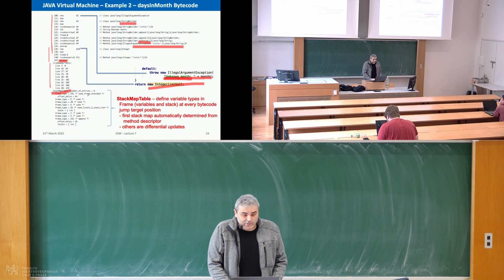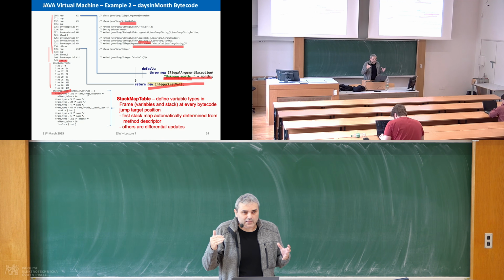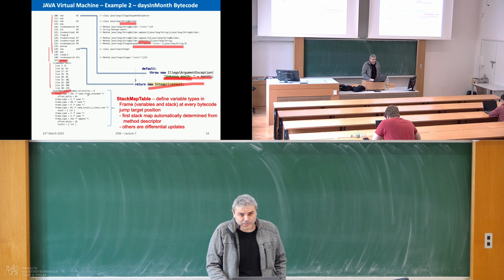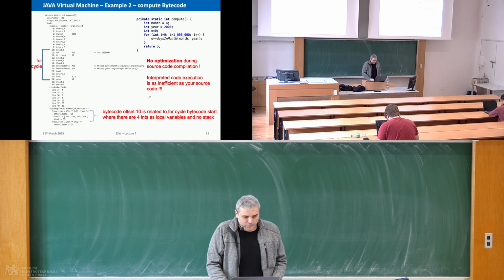Why is it only for the target jump positions? Because then through the code it's clearly defined what data types are on the stack and what is inside the variables in that frame, so that could be easily derived. And this is used internally for verification during execution, that correct data types are used and no misalignment of the data is caused.